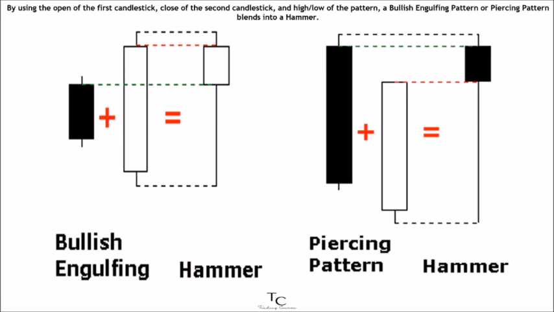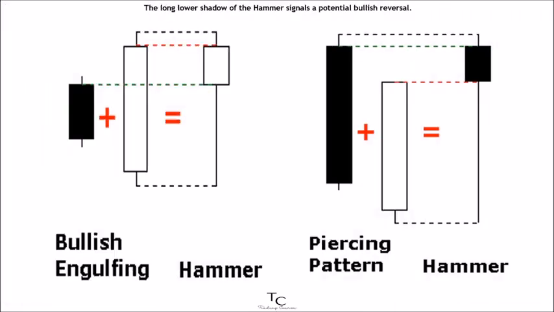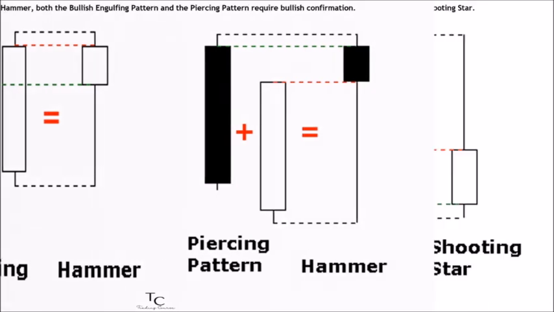By using the open of the first candlestick, close of the second candlestick, and high, low of the pattern, a bullish engulfing pattern or piercing pattern blends into a hammer. The long lower shadow of the hammer signals a potential bullish reversal. As with the hammer, both the bullish engulfing pattern and the piercing pattern require bullish confirmation.